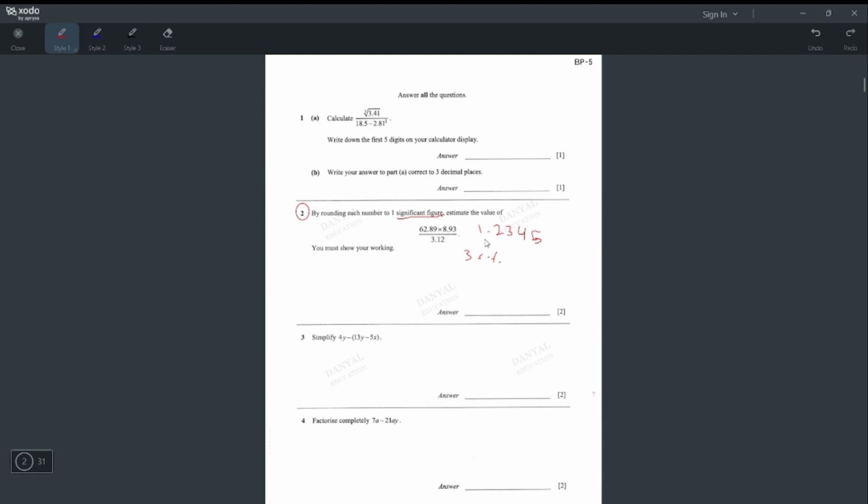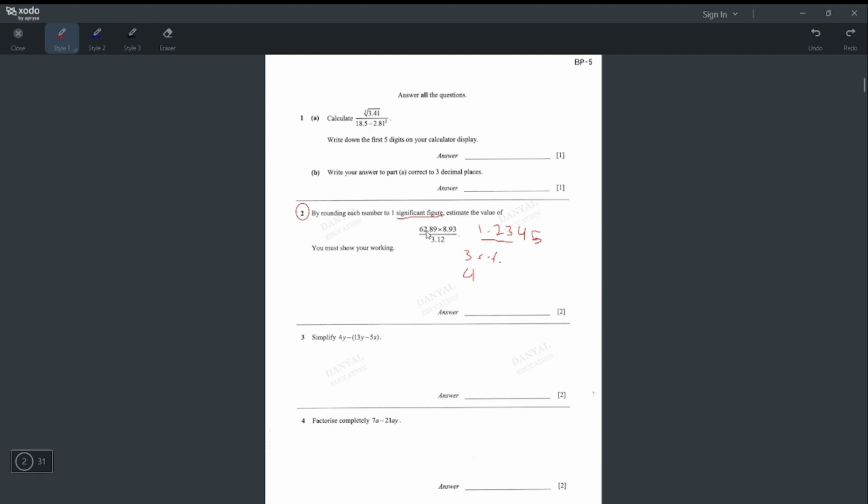And what this means is we want to convert this into just the first 3 digits rounded accordingly. So it should be 1.23. So we don't need to care about the last 2 digits because we just want the first 3 significant figures. And if, let's say, we want to round it to 4 significant figures, we want to make it into 1.235 because we round up when it's 5 or above. So this 4 is rounded up to 5.